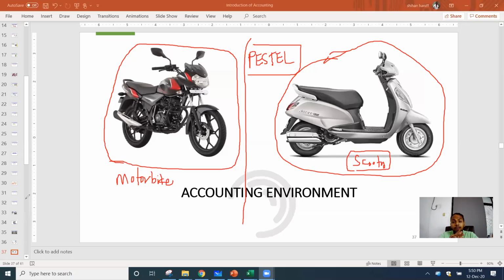And if you take the social and cultural environment, who is very much interested in and liking the scooty, especially the girls, women. Now the girls, women are going out more.